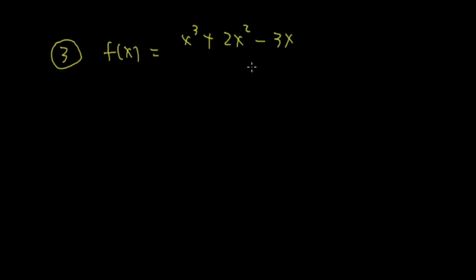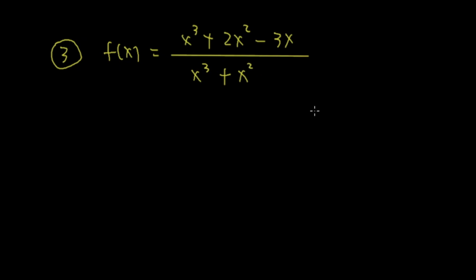Okay, let's look at example number 3. Let's say f(x) is equal to (x cubed plus 2x squared minus 3x) divided by (x cubed plus x squared).